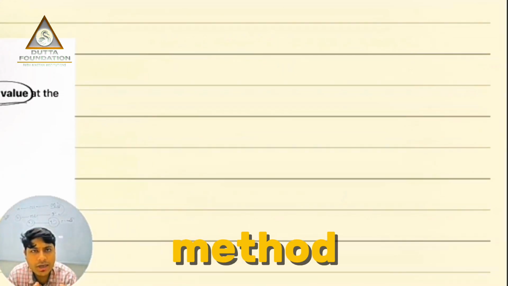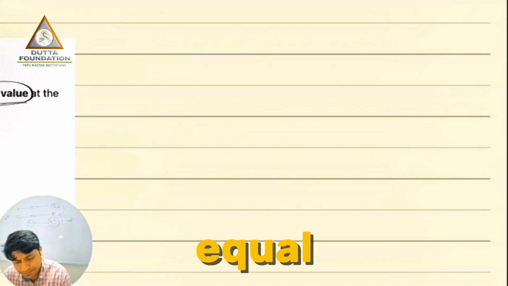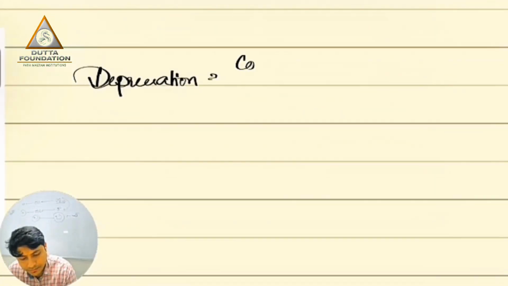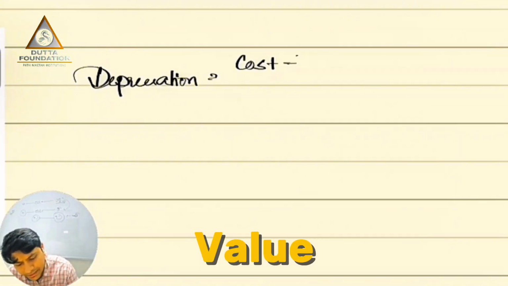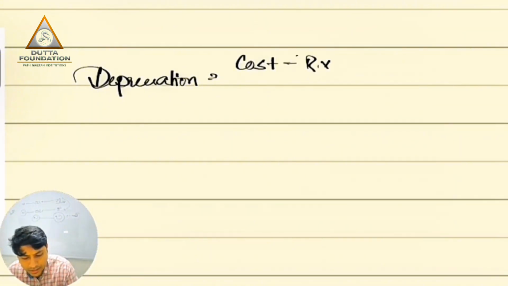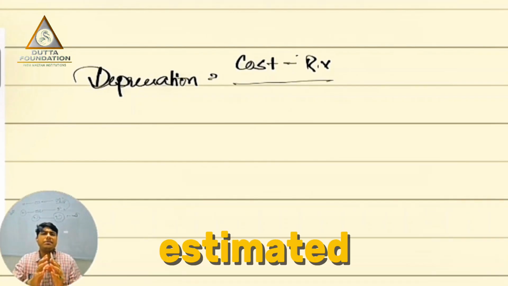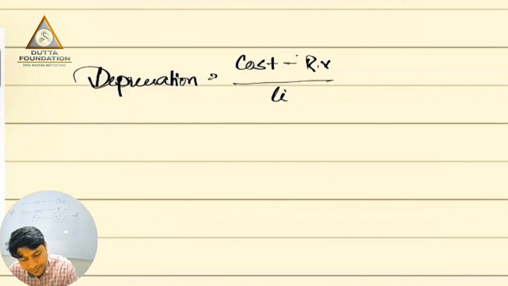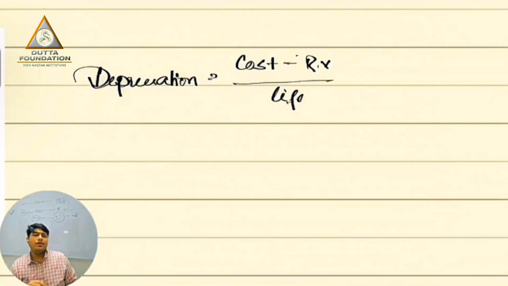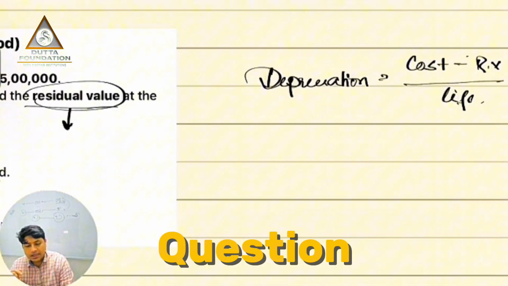Under the straight line method, the depreciation is equal to cost minus salvage value, or residual value, same thing, divided by the estimated life of the machine, the useful life of the machine. Now coming to the question, collect the data.